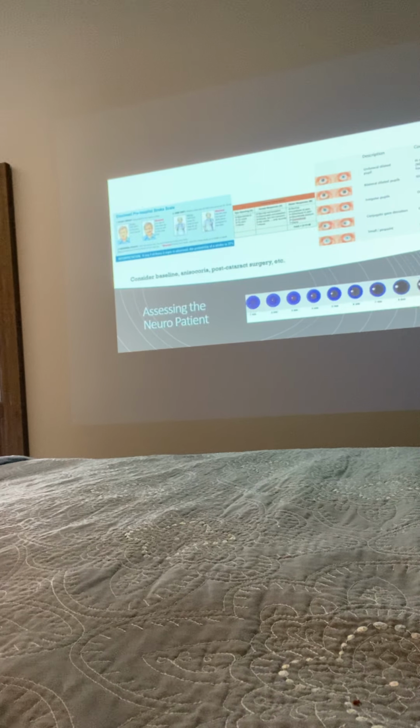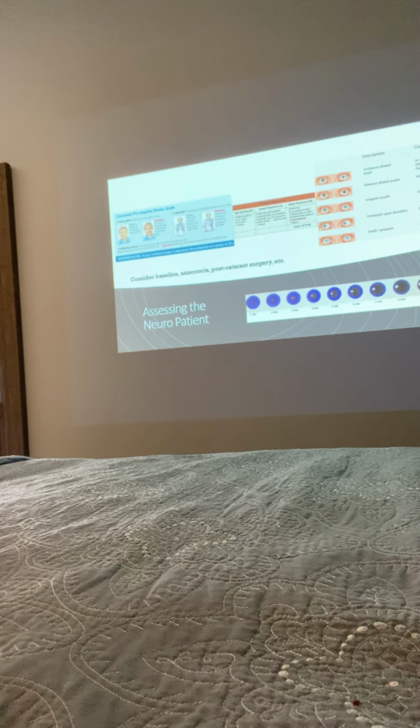If you get bilateral dilated pupils, a lot of times that's a midbrain injury. If they're irregular, like one pupil that is not round, barring any penetrating eye injury or any history of cataract surgery, a lot of times that can be an orbital trauma, and that's where you want to be monitoring your intraocular pressures.